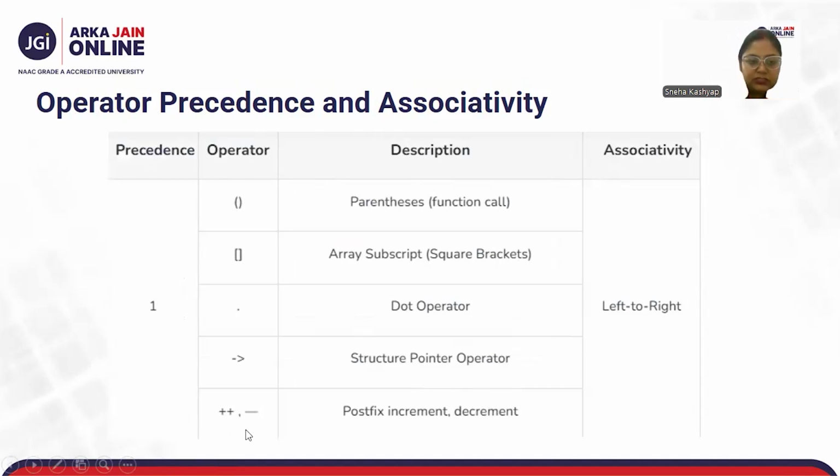The last ones under precedence one are the plus plus and minus minus operators, also called increment and decrement operators, which we saw in the earlier operators. These have associativity from left to right.